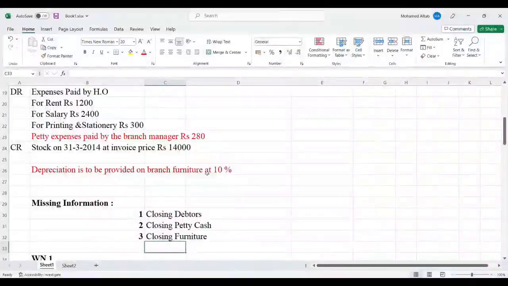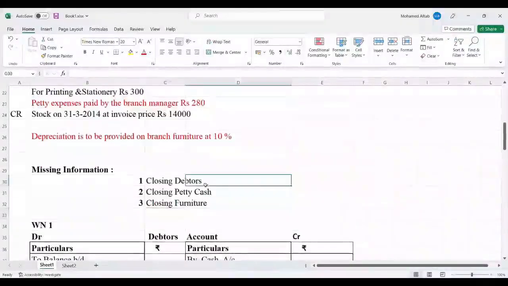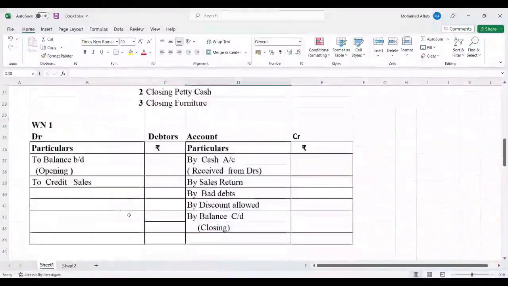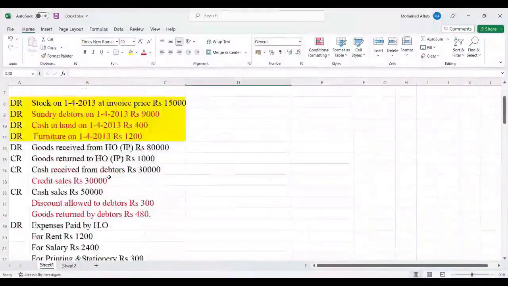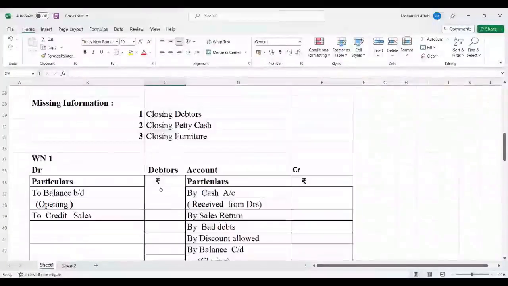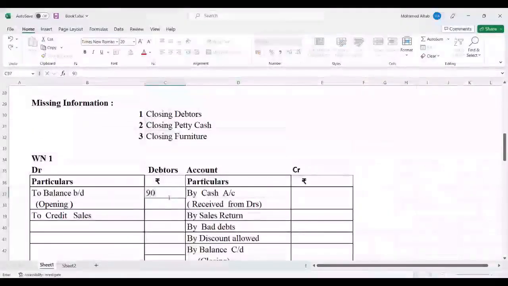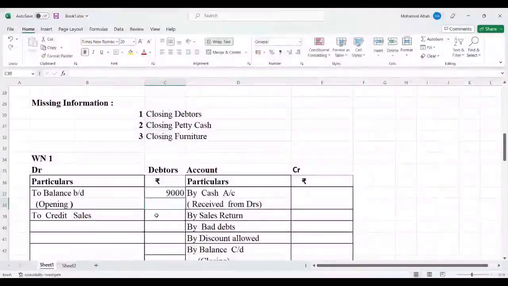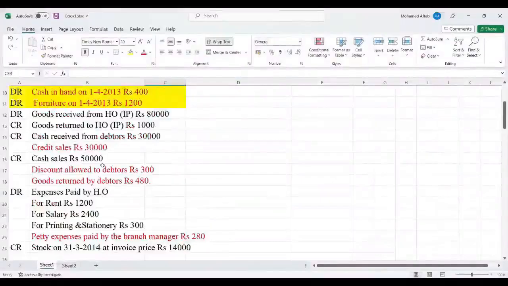So let us calculate now closing debtors with the help of the format. If you see opening debtors, how much is there? 9,000. Opening debtors is 9,000, and credit sales is given, that is 30,000.